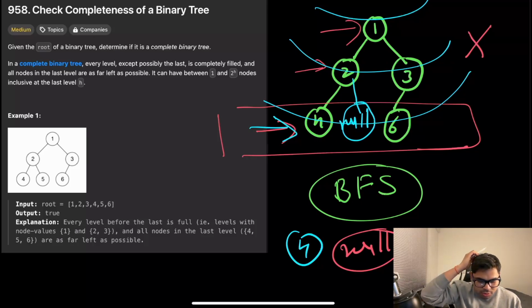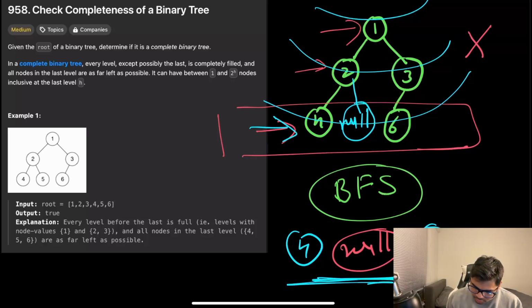So we process the nodes as we receive them, like from the parent node. And then we have 6 here. So this is the place where we have this missing node, null, and that is the reason this is not a complete binary tree. So there might be some cases where the last level, sorry, is completely filled.